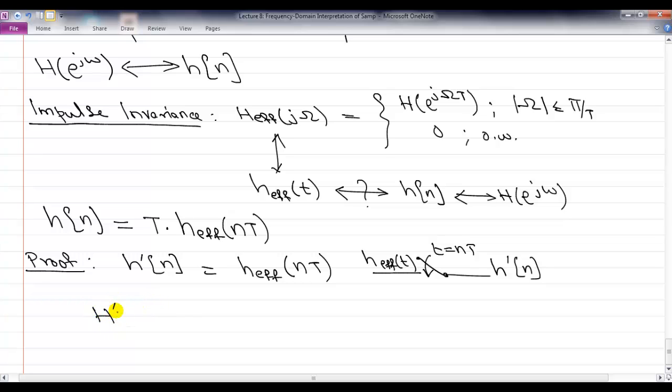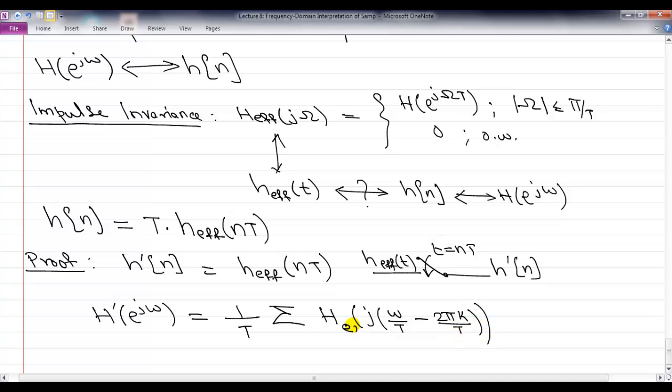And I know what is the input-output frequency relation, right? We just did that earlier in the class. The relationship is simply, I get multiple copies of my input signal, H_c(j(ω/T − 2πk/T)).